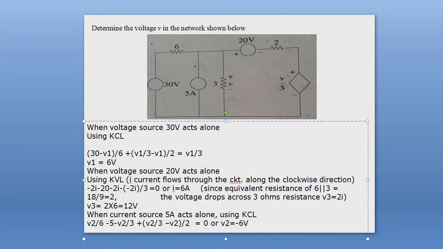So therefore the voltage V for these sources is nothing but the sum of V1, V2, V3. So therefore ultimately you will get the result.